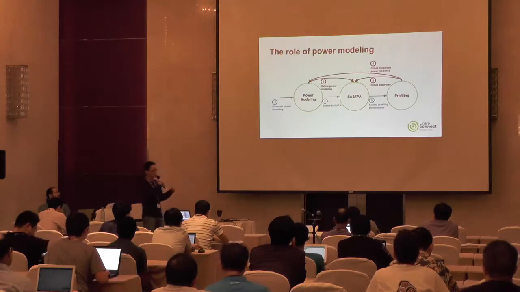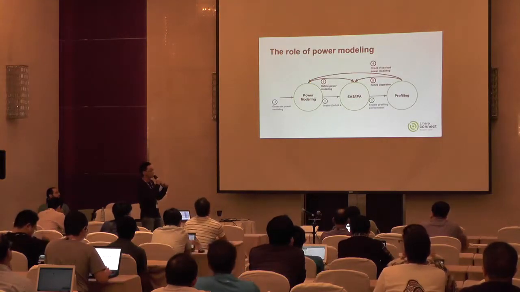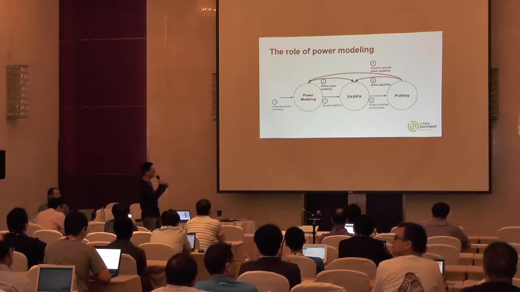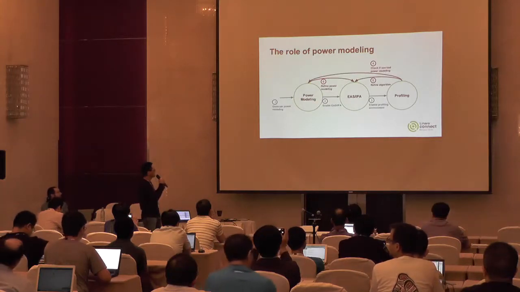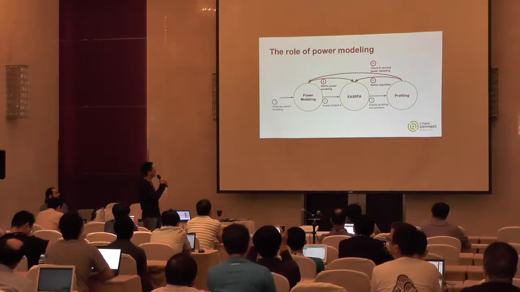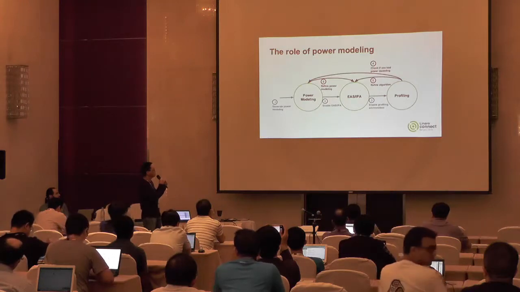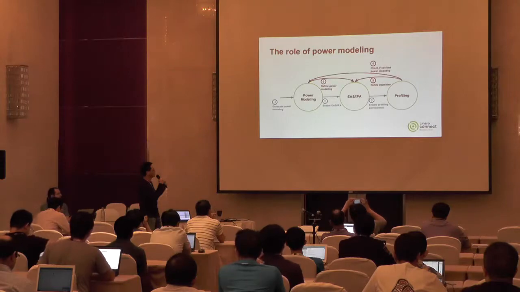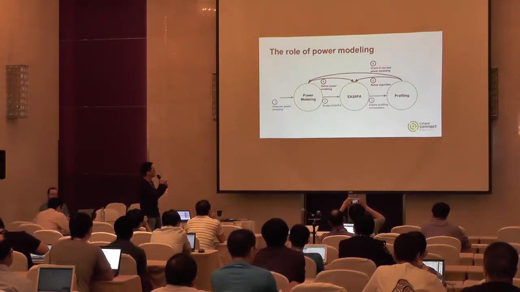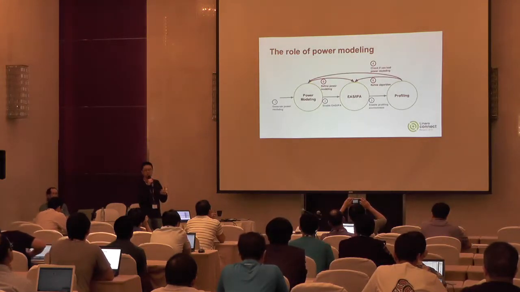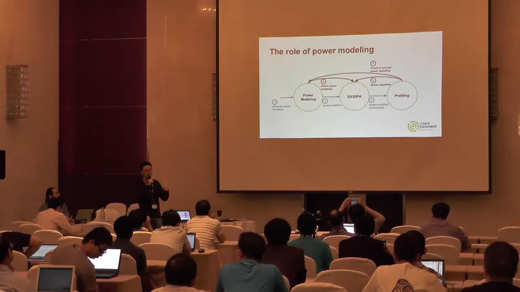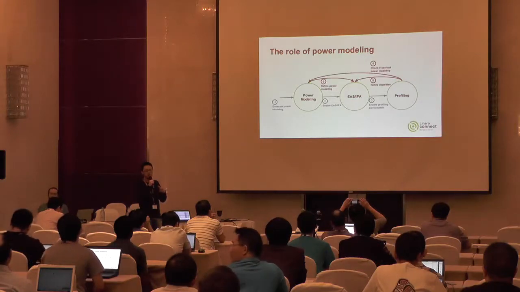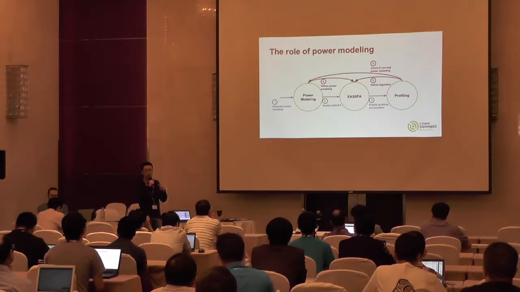So here I have one flow. If we want to enable EAS and IPA, the first step is to do the power modeling, generate the power modeling data and pass it to EAS and IPA to enable it. Then after enabling it, we need to do profiling on EAS and IPA. But this is not finished; it is just an iteration for later, so you optimize, or you confirm whether your generated power data is correct or not.